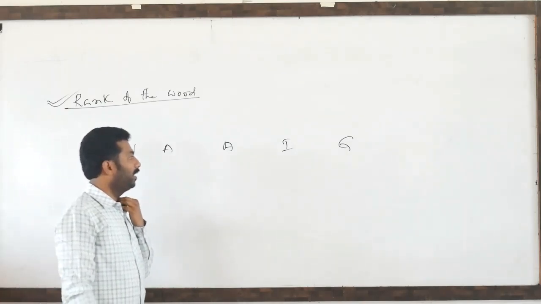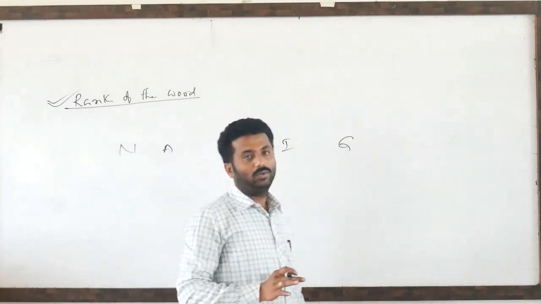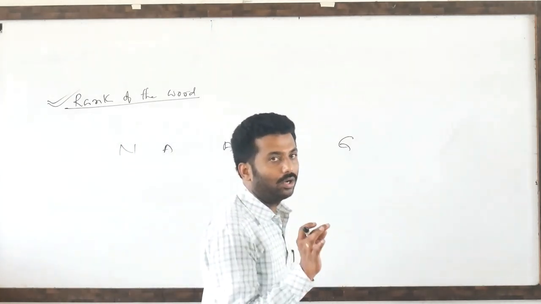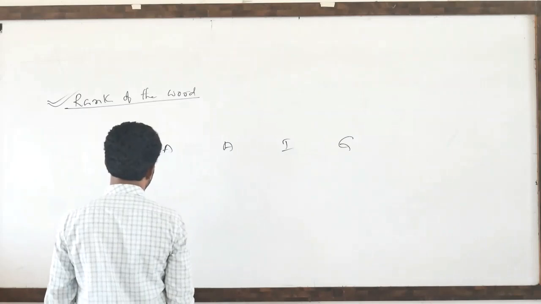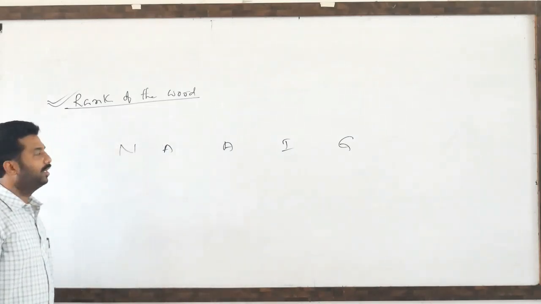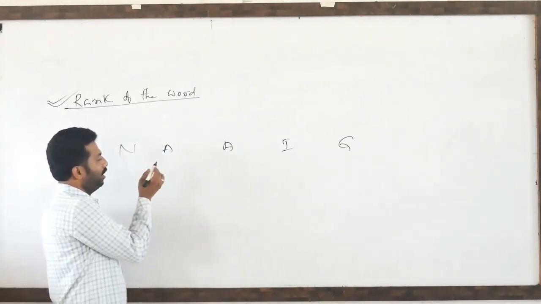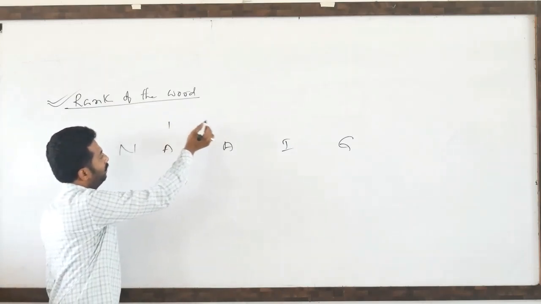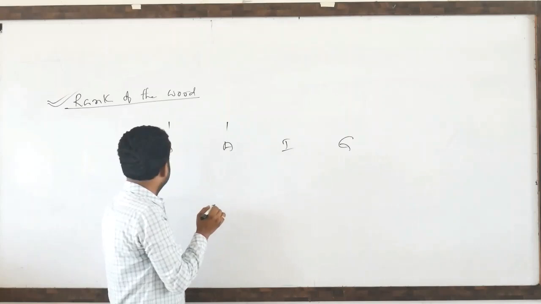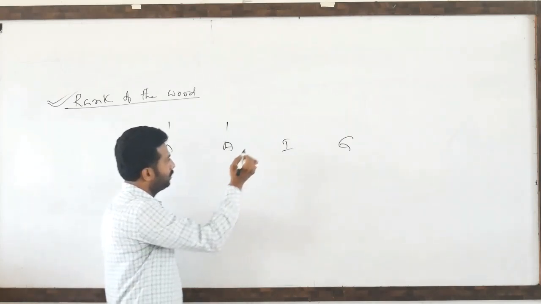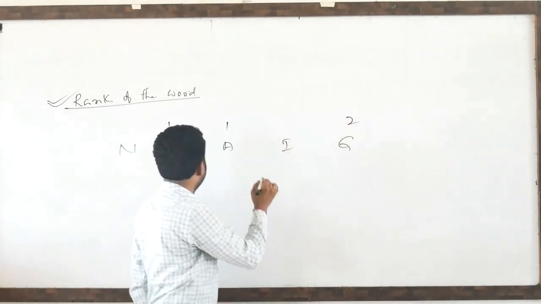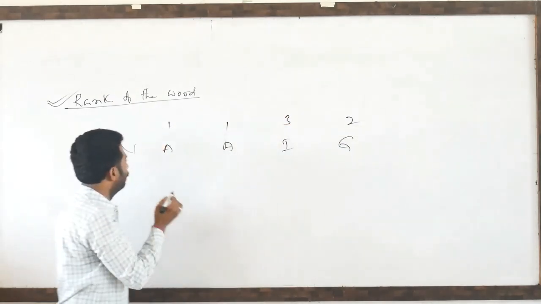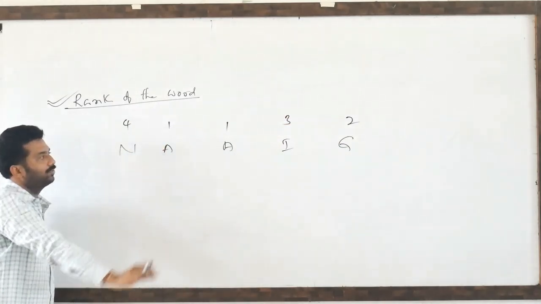So how to find the rank directly? This is one trick, one shortcut way, you should remember. First, give ranking to these letters: A first, G second, I third, and N last, fourth.